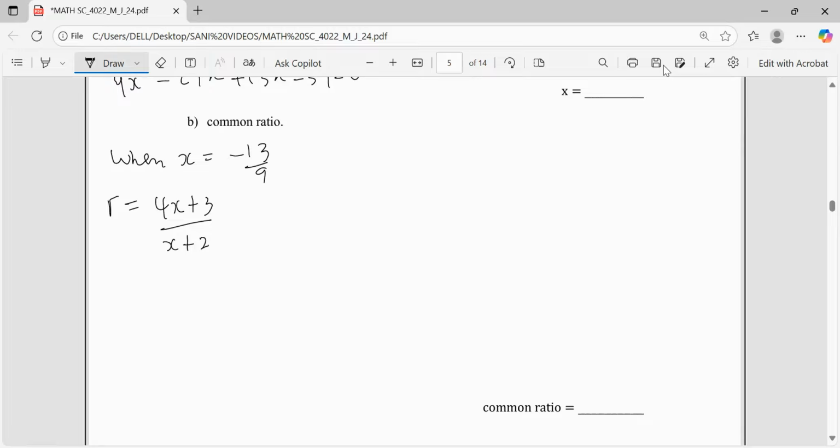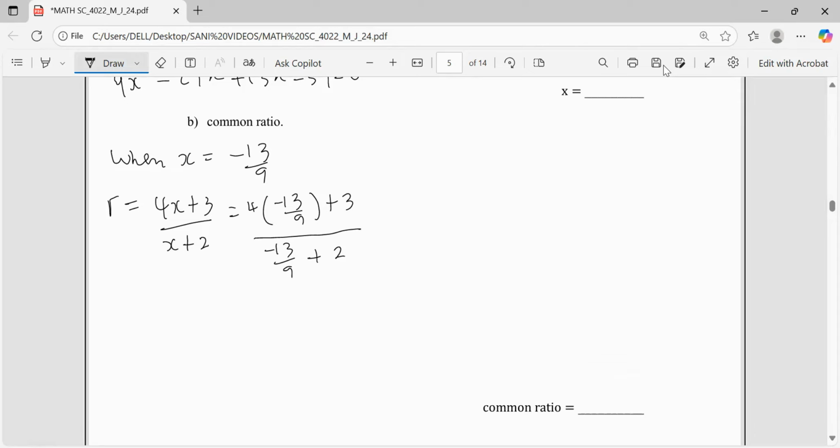So, let's substitute into our brackets: minus 13 over 9 plus 3, divided by minus 13 over 9 plus 2.